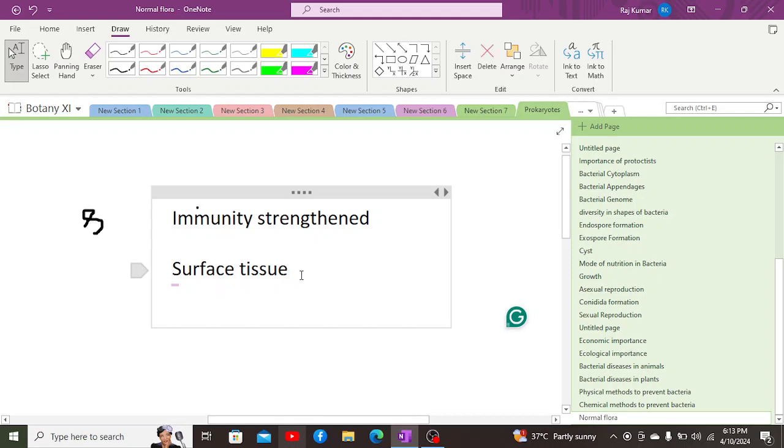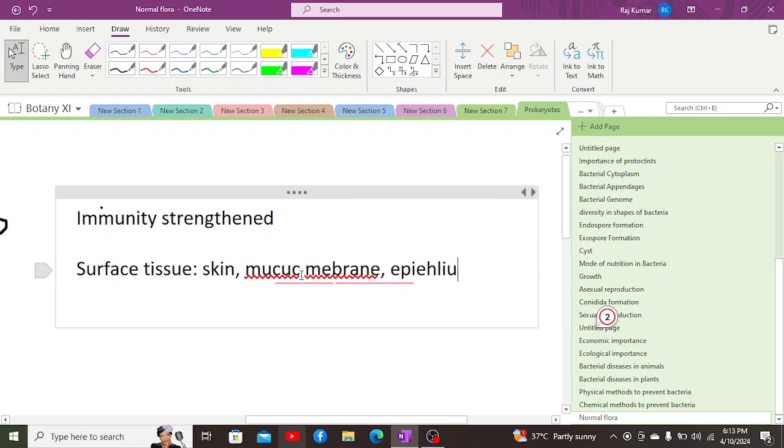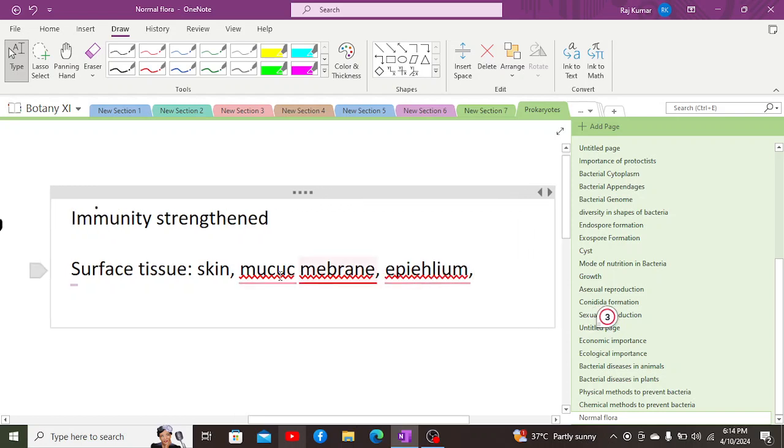Rather, they live on a specific site of a surface tissue, such as skin, mucous membrane, or epithelium. These are the surface tissues over which they are able to live.